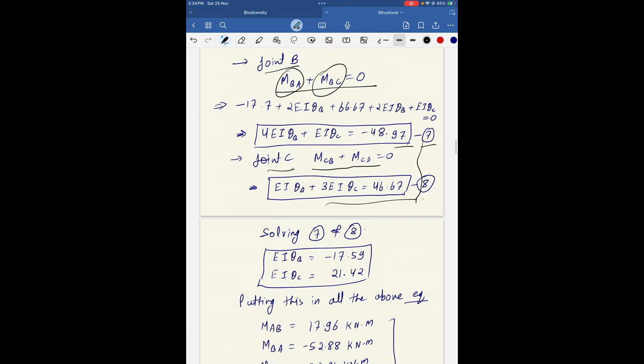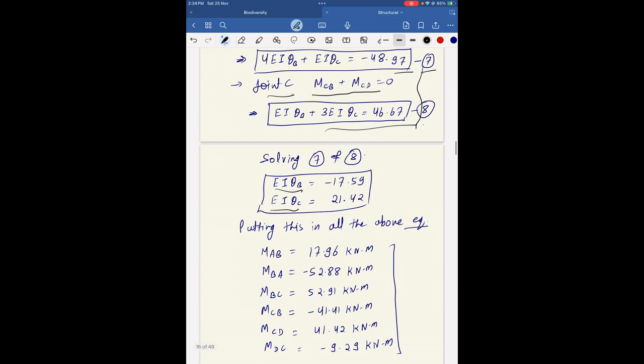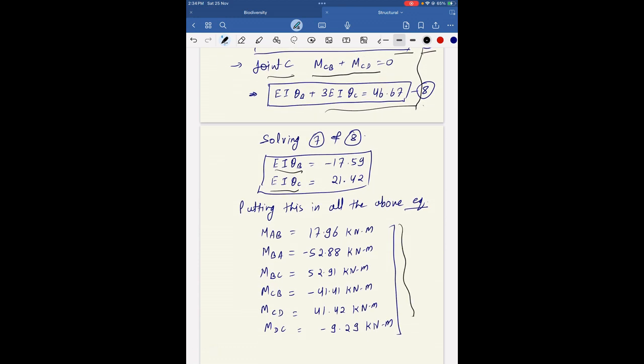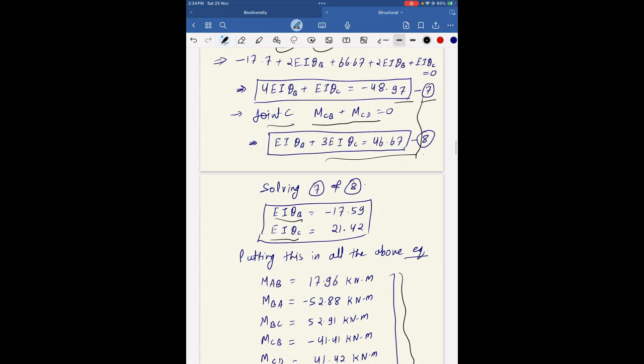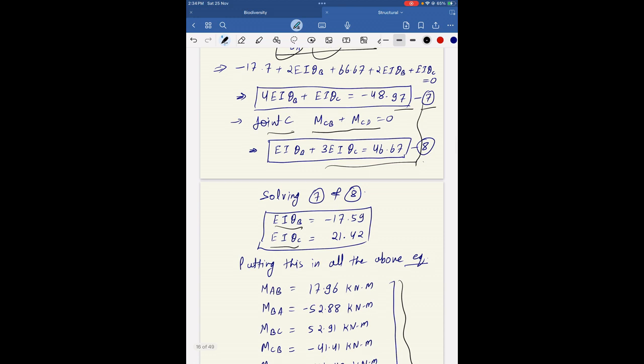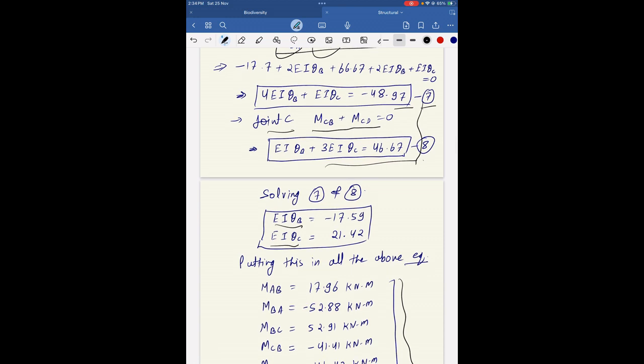On solving these two equations we get theta EIB and theta EIC, and by putting all these values in the equation we got the following moments. And one of the methods we can use to solve these equations is through a matrix.